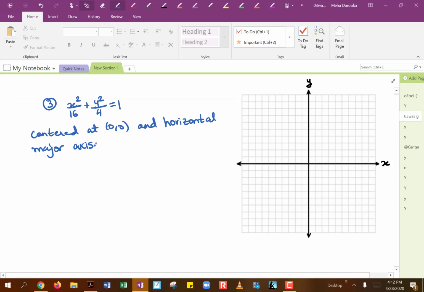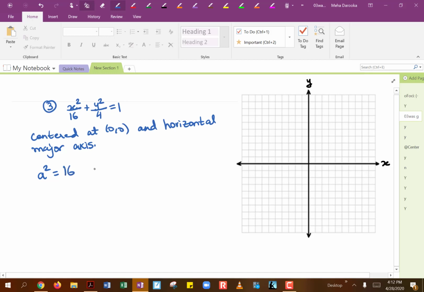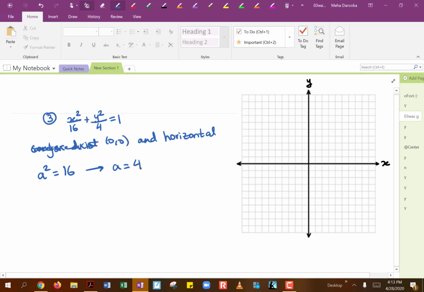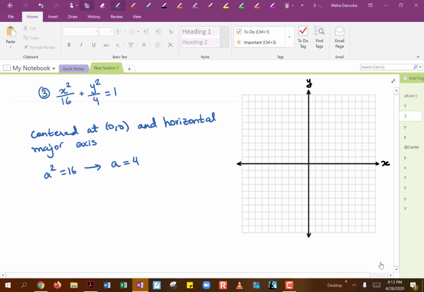So that also tells us that the a square value is coming from the larger denominator, and this will of course mean that if a square is 16, then a has to be square root of 16, which will be 4, and we are just looking at the positive values over here, okay?